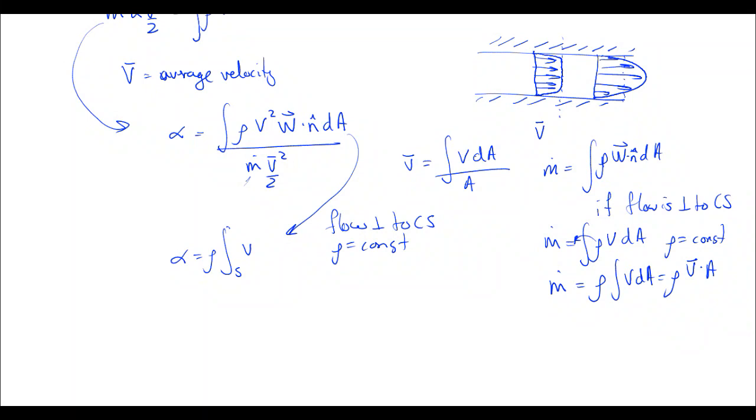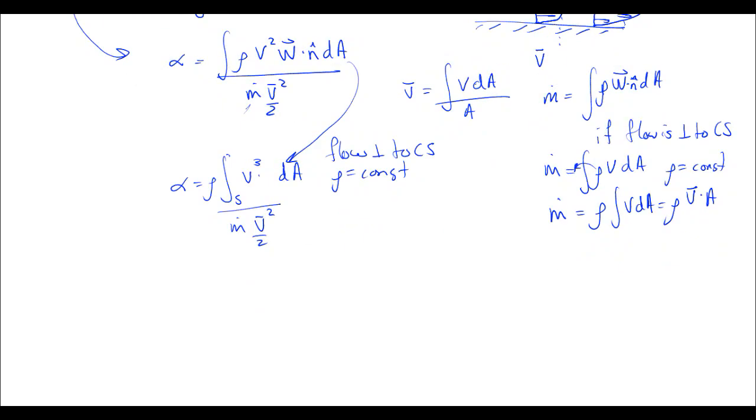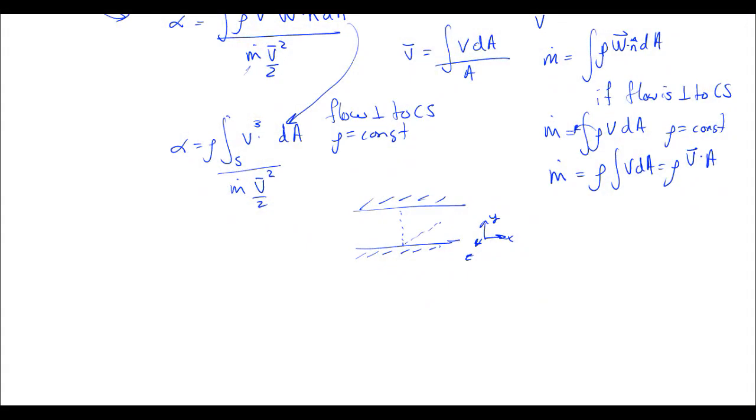And this becomes then v cubed on top, so let's erase that and make that v cubed. The only hard part about this is setting up this integral and the average velocity integral, and doing them. Setting up your differential area is tricky, but oftentimes, for example, if we have two infinite plates, and this is the x, y, and z direction, then the area you're integrating over is a differential area like this.